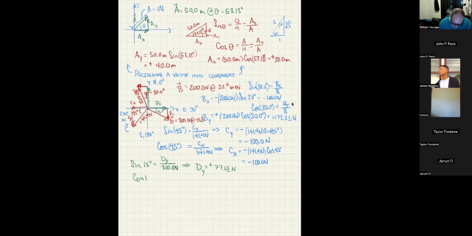Cosine of 15, on the other hand, is adjacent over hypotenuse, so that should be dx. Oh, wait a second, the dy was supposed to be negative. Did anybody catch that, or was I the only one that eventually caught it? I was thinking I had done the x one first. So notice my dy points in the downward y direction. So that should actually be me forcing a negative. Sorry about that.